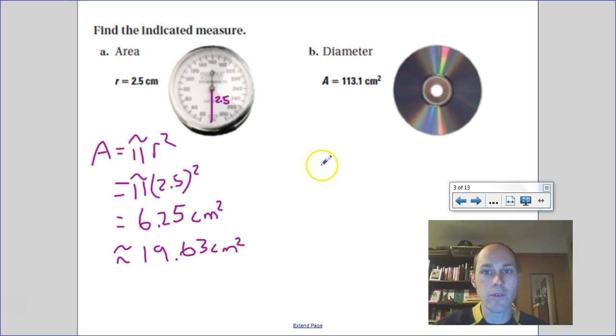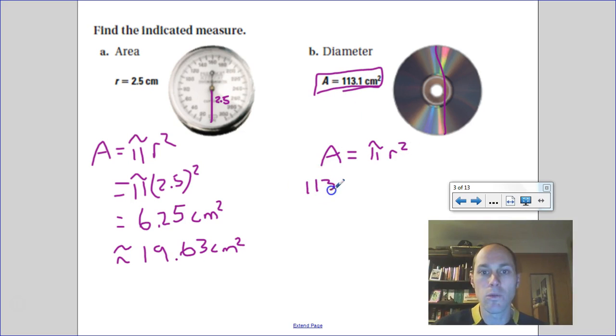And we can do the same thing if we know the diameter. Let's say we know the area and we want to find the diameter. So we take our formula and just plug in what we know. We know the area is 113.1, so that equals pi times radius squared.